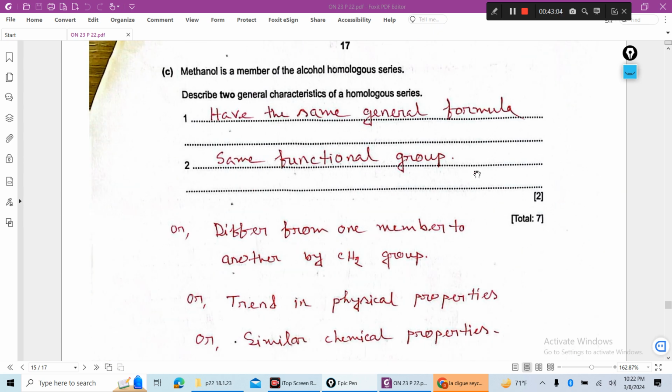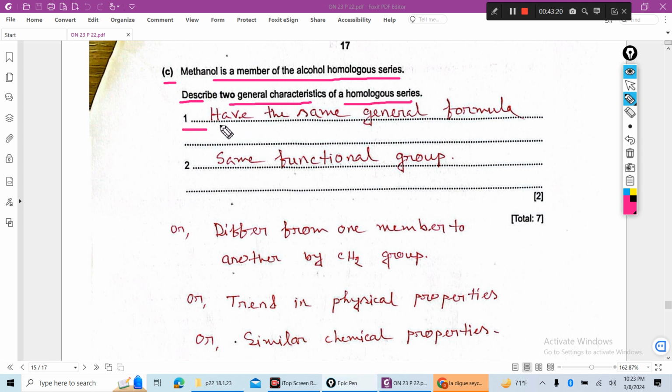Now methanol is a member of alcohol homologous series. Describe two general characteristics of a homologous series.